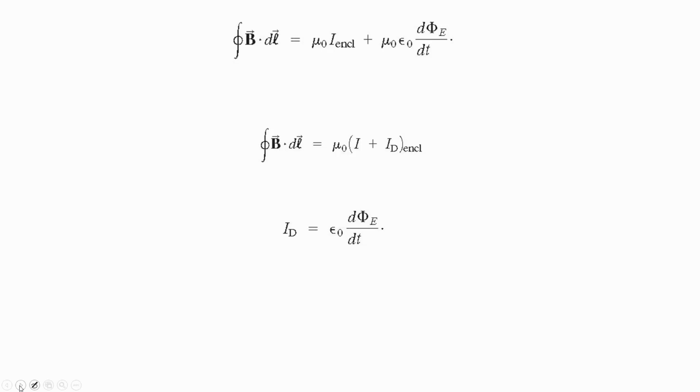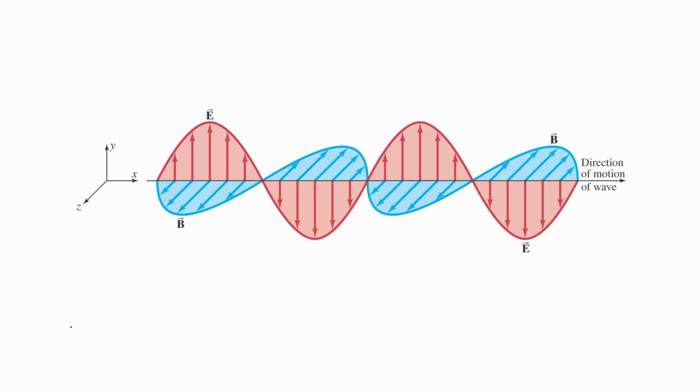Okay, now, as I mentioned earlier, this little addition gave Maxwell the clue that a changing electric field produces a changing magnetic field, and a changing magnetic field produces a changing electric field. So once you get two oscillating fields, electric and magnetic, they could potentially sustain each other and just keep propagating through space, because one is producing the other and vice versa.